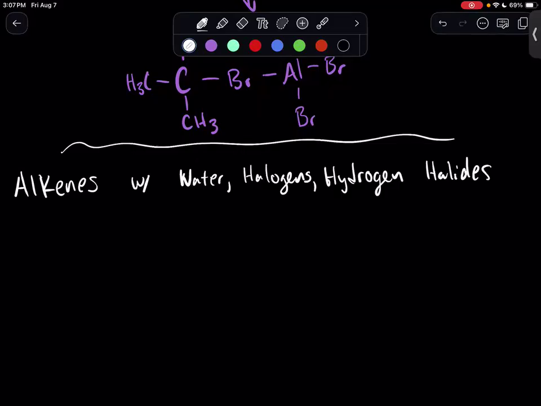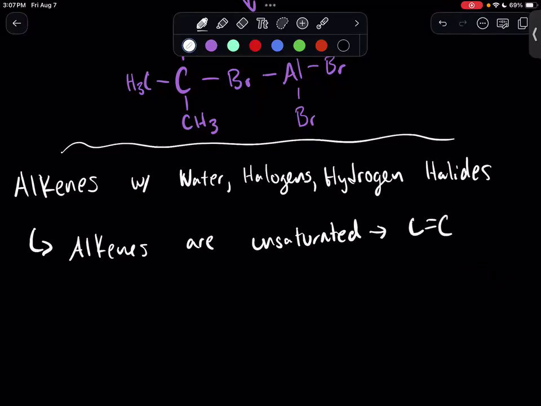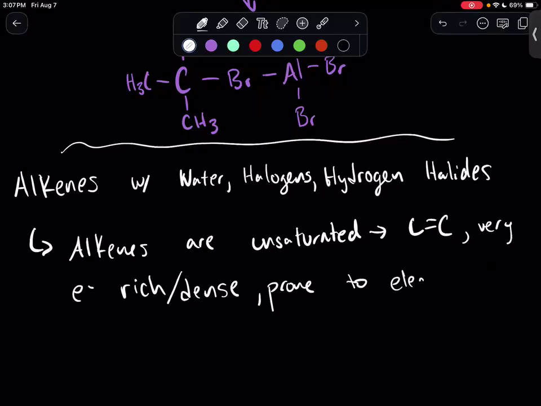So the important thing here is that alkenes are unsaturated, meaning that they have a carbon-carbon double bond that's very electron rich or dense, that is prone to electrophilic attack.